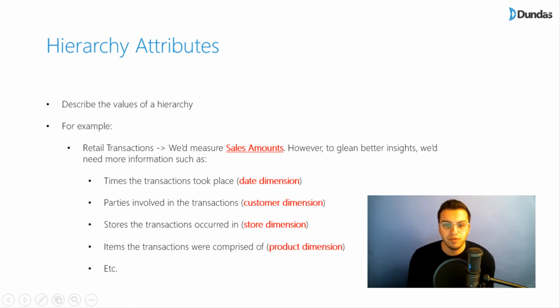We'd likely need more information, such as the times the transactions took place at, or what we could call the date dimension, the parties involved in the transactions, or the customer dimension, the stores the transactions occurred in, which would be the store dimension, the items the transactions were comprised of, which we could also call the product dimension, and so on and so forth. You get the picture. But there's more to it than just that.